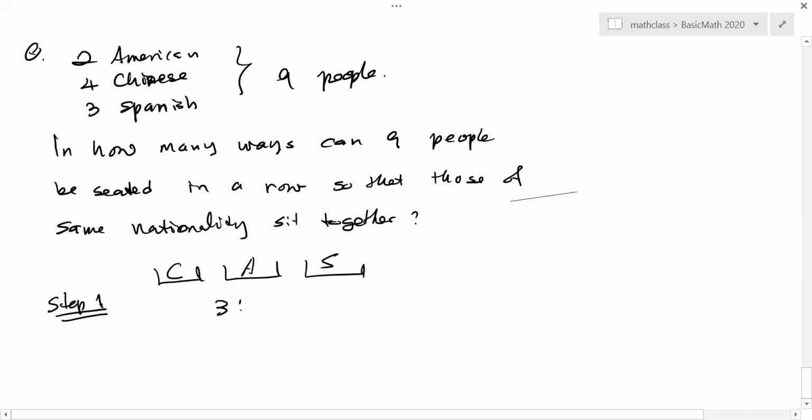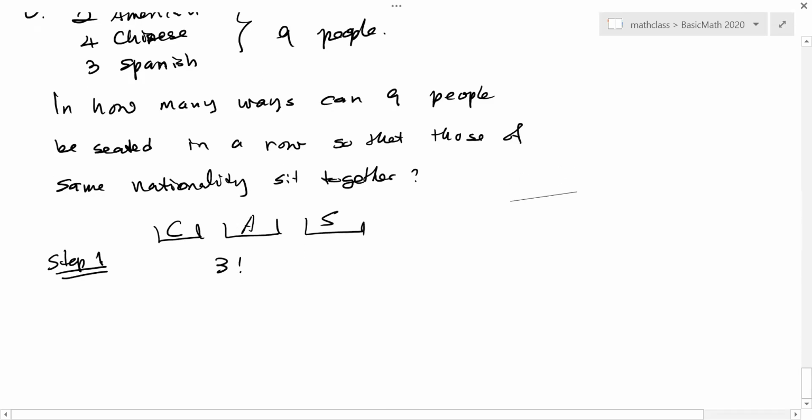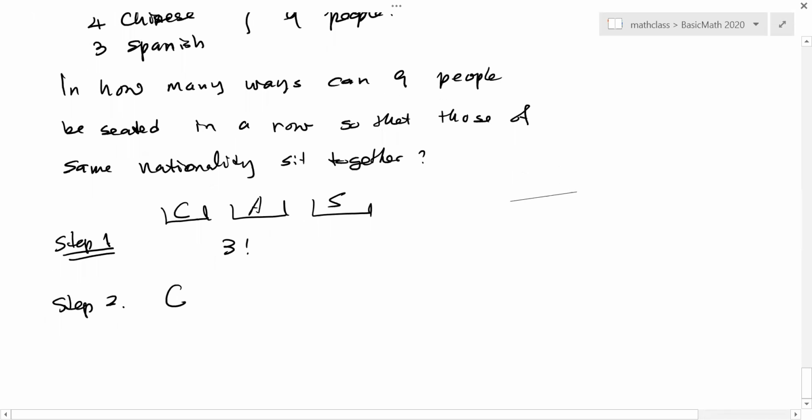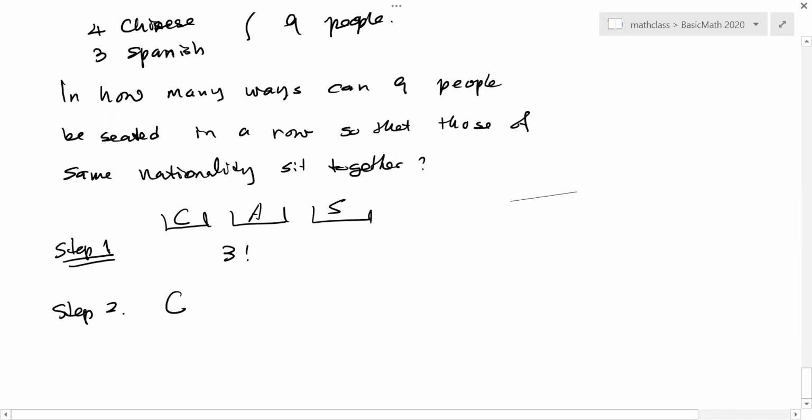So there will be 3 factorial ways to put those 3 groups. Step 2: you make arrangements for the Chinese. There are 4 Chinese, and you can permute them, so 4 factorial.